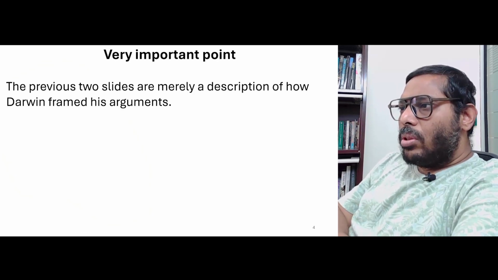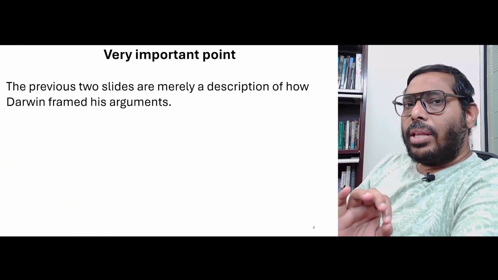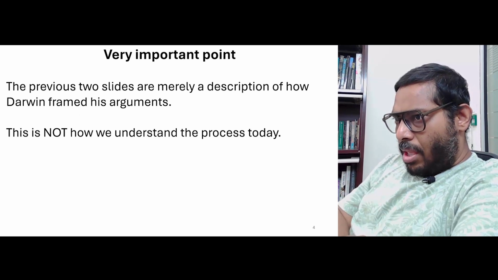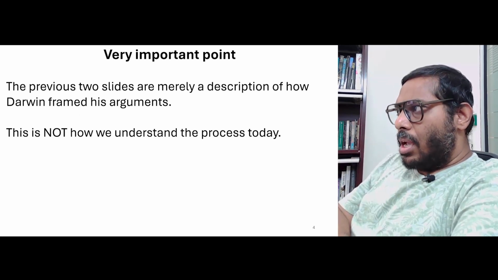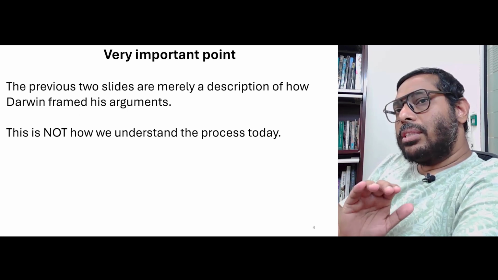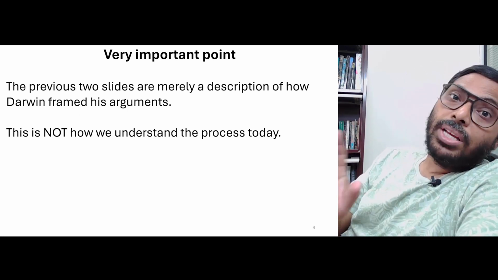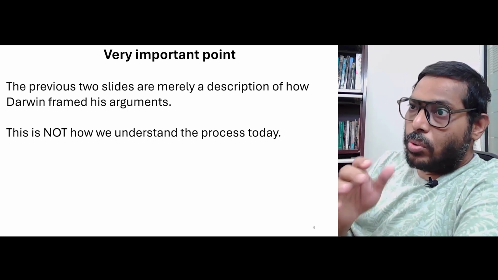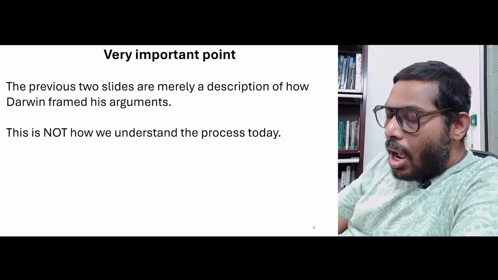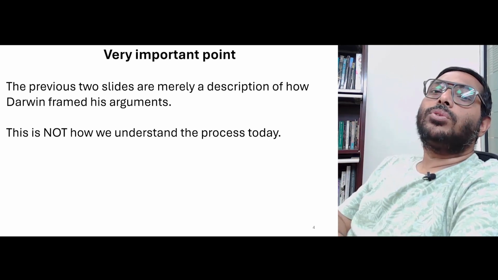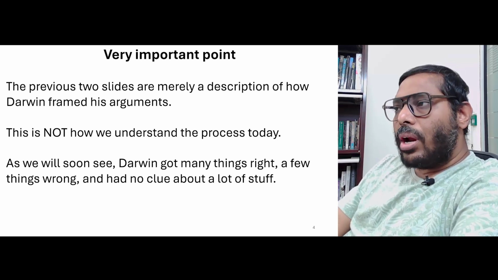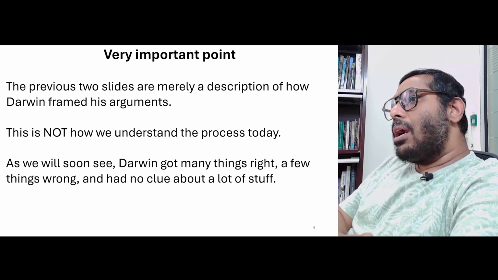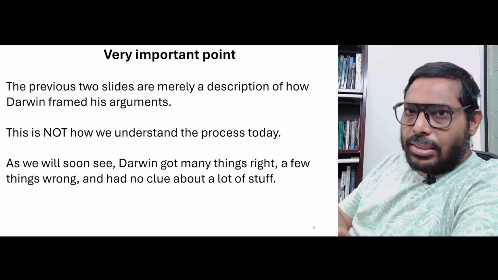Now, there is a very important point that I need to mention over here. Whatever I told you in the last two slides is merely a description of how Darwin framed his argument, right. As I told you, this is not how we understand the process today. As we go along this course, you will understand that Darwin got many things right.